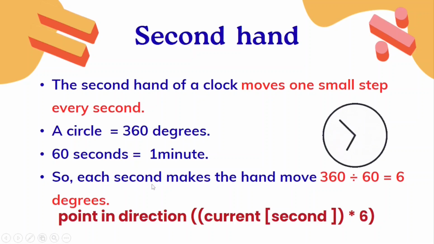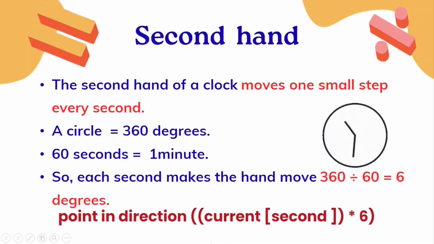So each second makes the hand move 360 degrees divided by 60 steps, which is equal to 6 degrees. That is why I have put the code point in direction current second multiplied by 6.